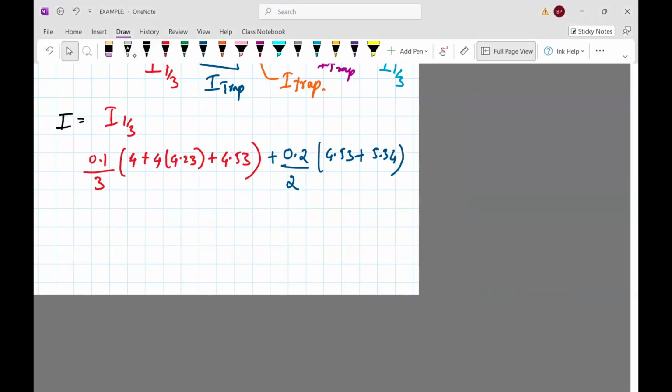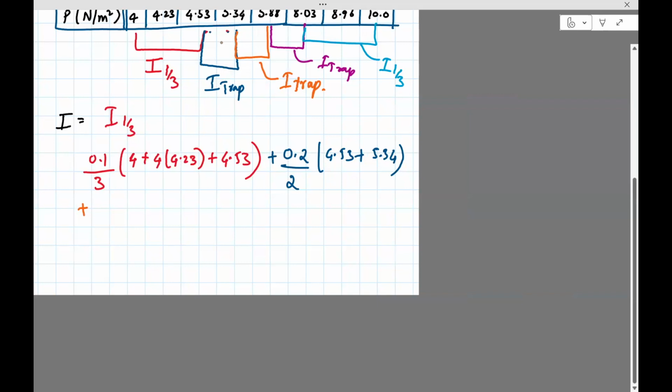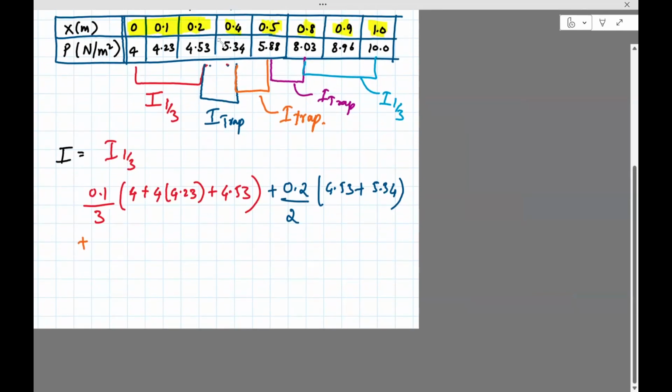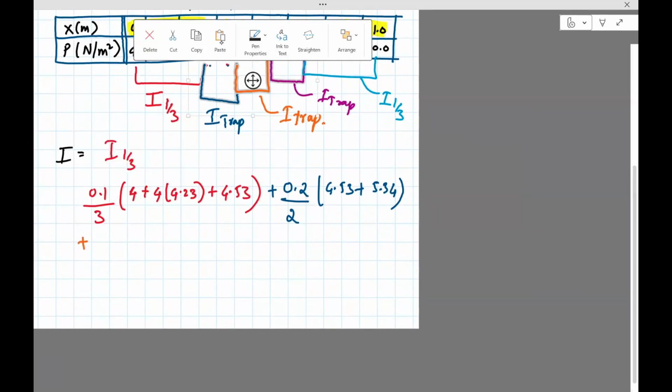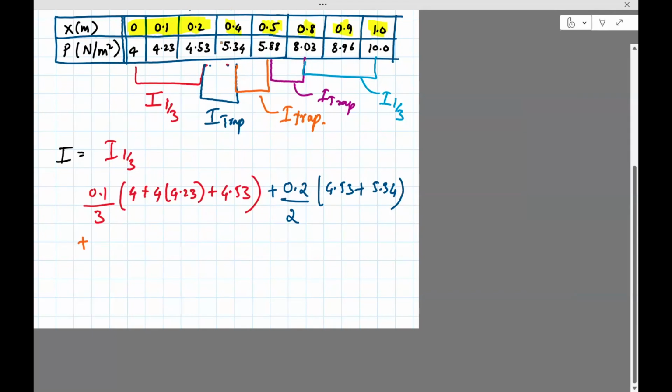Okay, so let's complete this. Then we have the next part. Now we have 2 grid points, with spacing 0.1 between 0.4 and 0.5. So 0.1 divided by 2. And then I need to get the height, so that would be 5.34 plus 5.88.